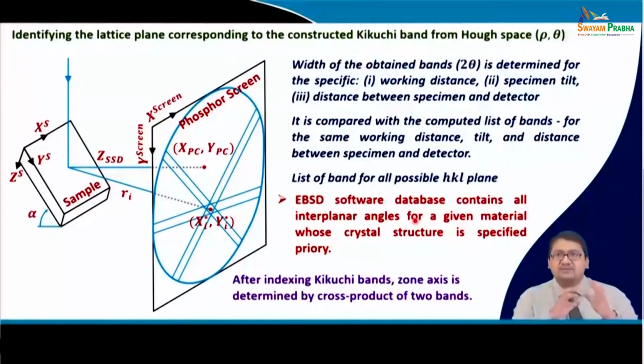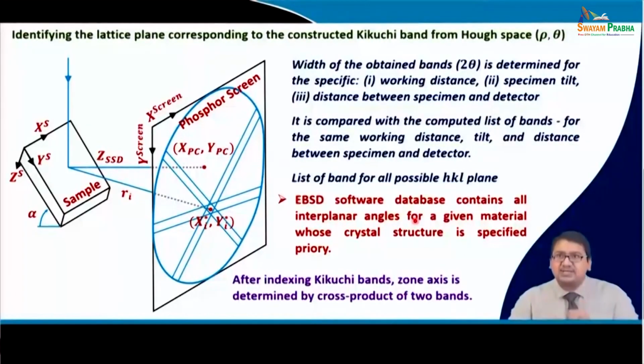So, it will have the database of each and every material for which the crystal structure is known, and it will be specified a priori. Even if it is not specified for a certain alloy or certain compound, ceramic or something, one can make it using the information about the crystal structure, its Wyckoff positions and other things.